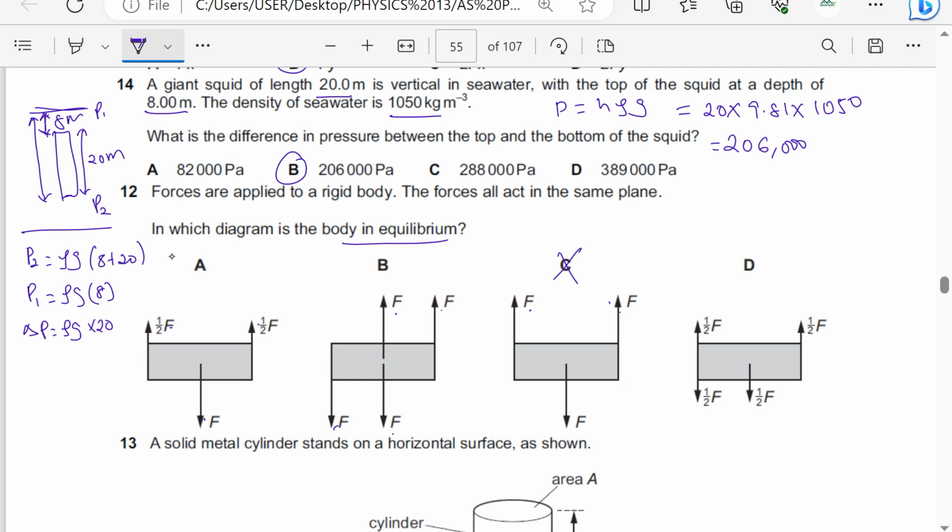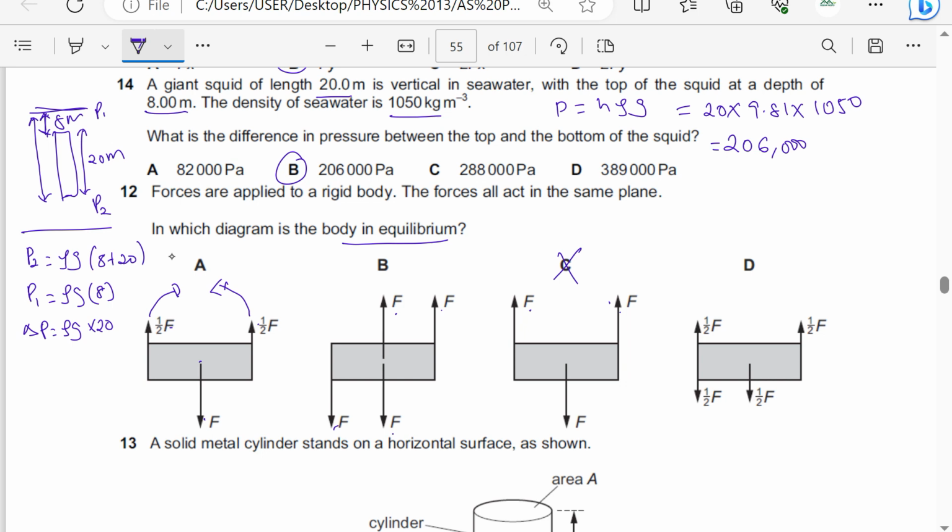So now we check the resultant moment, because we want one where there is no resultant moment. This one causes a clockwise moment, which is countered by this one, and this one is acting at the center, so it causes no rotation.